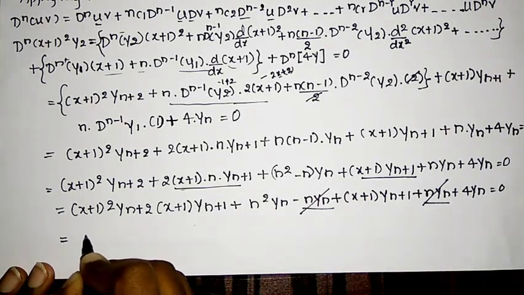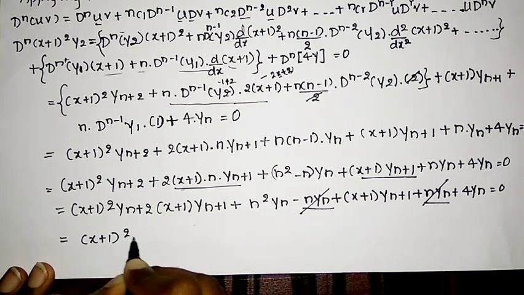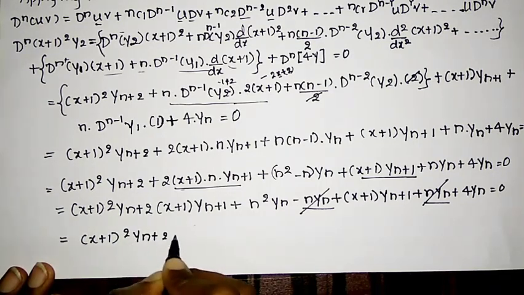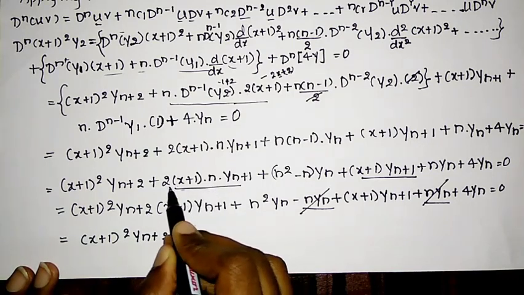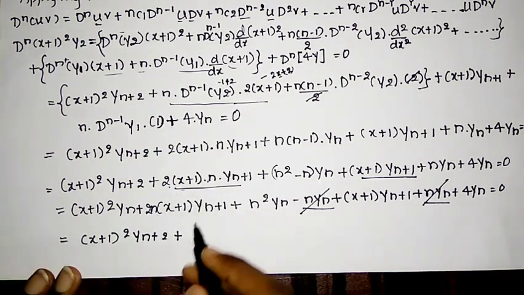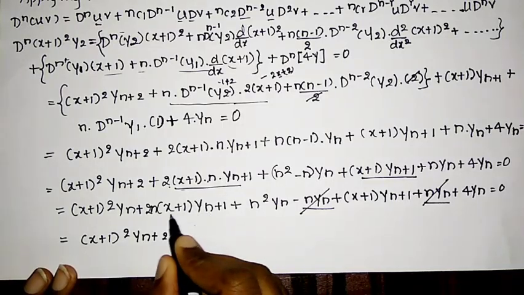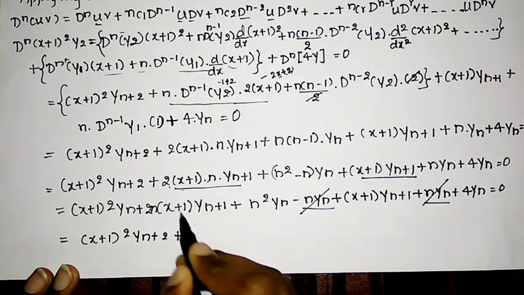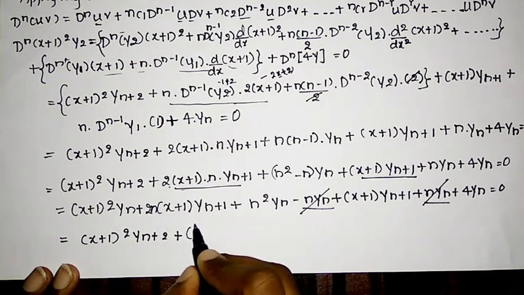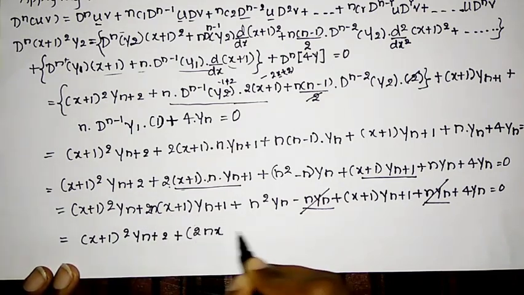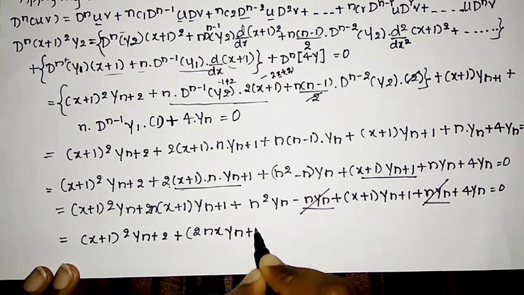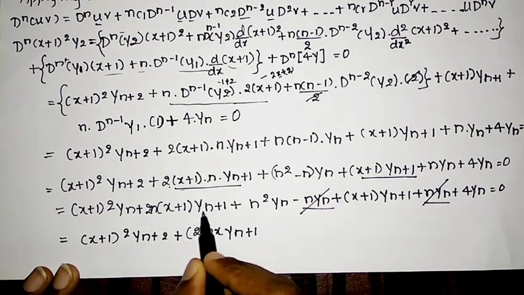So therefore we can write it as x plus 1 whole square into yn plus 2 plus. Therefore we had 2 into n, right? So then multiply these terms. So we can write it as 2n into x yn plus 1, 2n into yn plus 1.